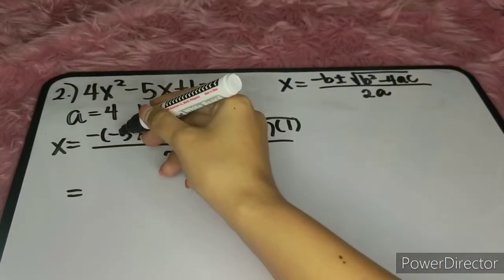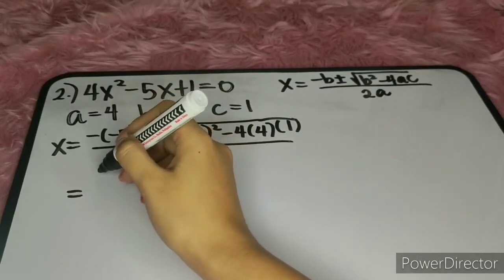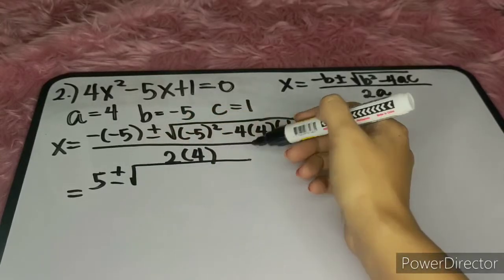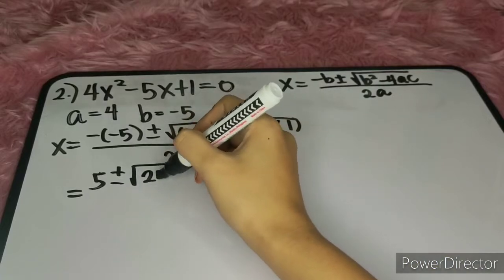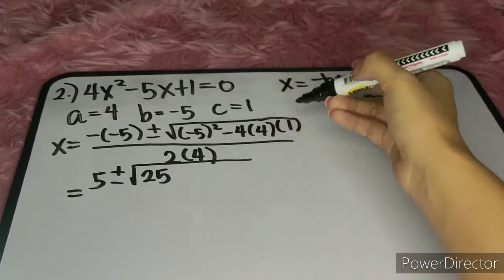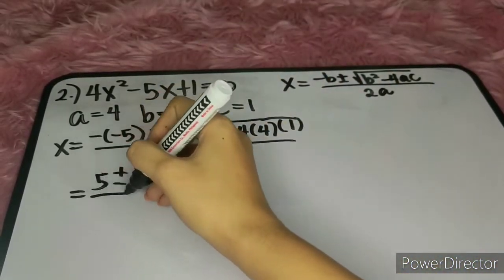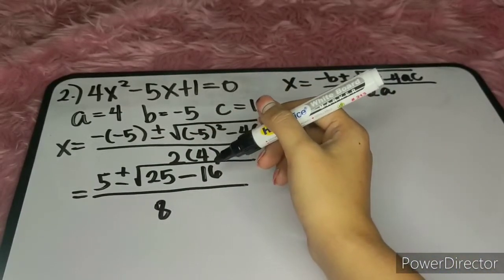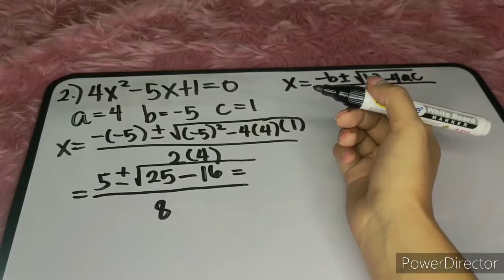And then, negative times negative is positive 5. And then, plus or minus the square root of the square of negative 5, which is positive 25, and then negative 4 times 4 times 1 is minus 16, over 2 times 4 which is 8. And then 25 minus 16, I will put equals.